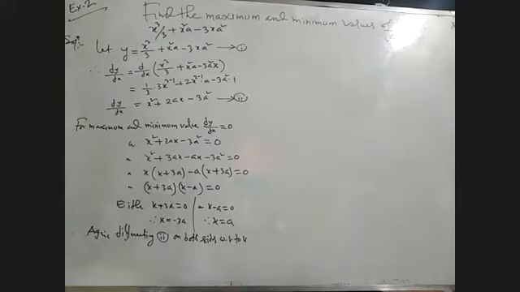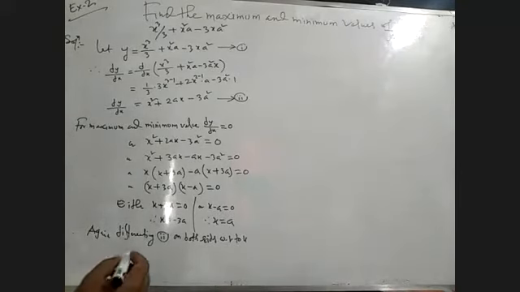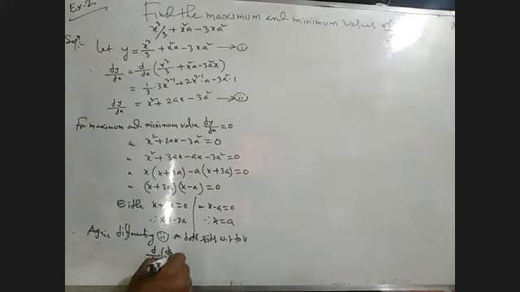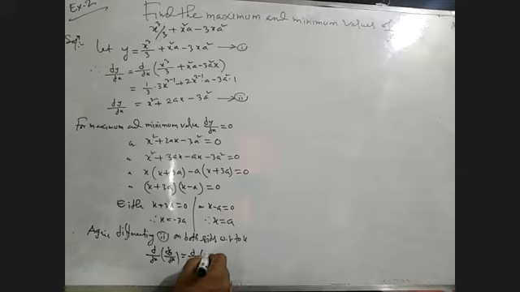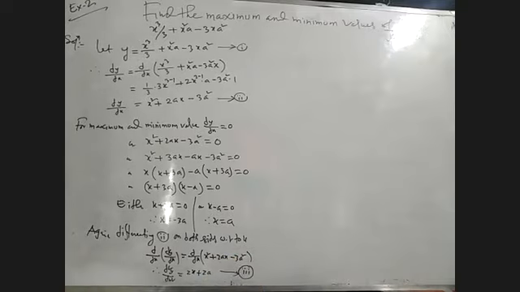Taking d by dx on both sides of x square plus twice ax minus thrice a square, therefore d square y by dx square equals to twice x plus twice a. This is equation number 3.